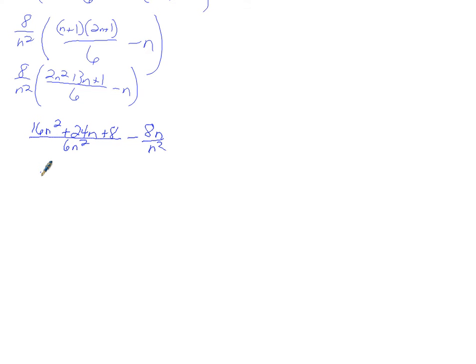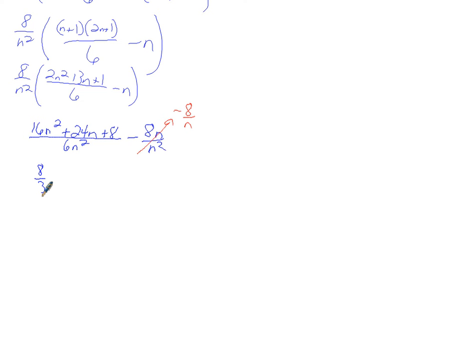I'm going to give you some advice right here. Pull out the n, because of this 8n over n, which we know is going to turn into minus 8 over n. Split all the other stuff up too, split everything up, and then you're going to have another like term to combine. So split everything up now and reduce as you go. So 16n squared divided by 6n squared becomes 8 over 3.